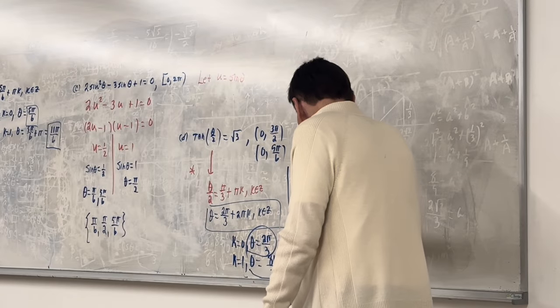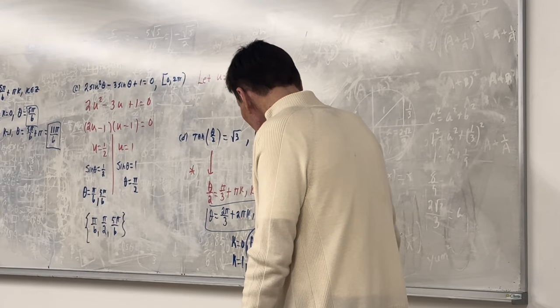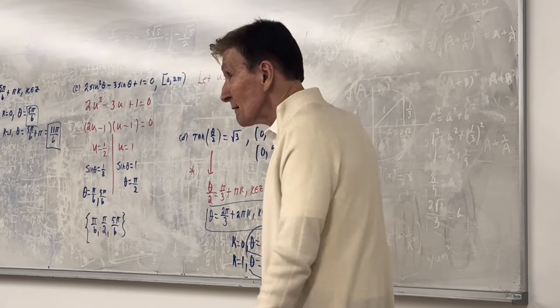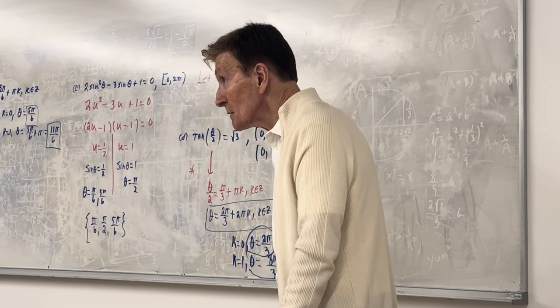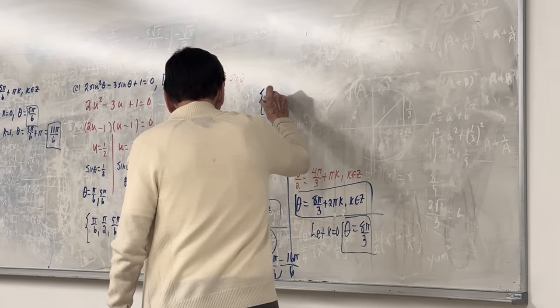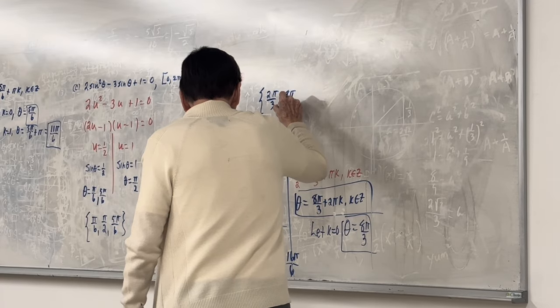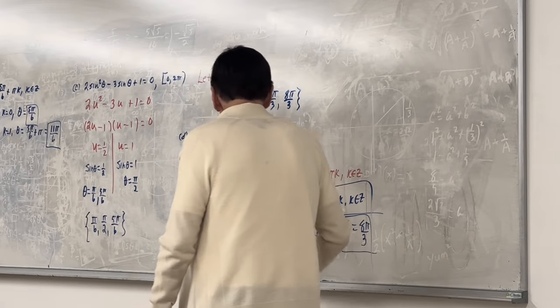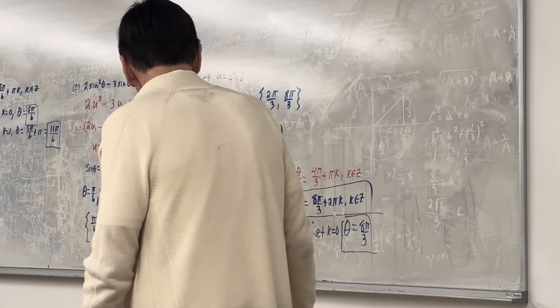So it looks like after all that work, I got 2 pi over 3 and 8 pi over 3 that work. Strange numbers, but looks like it might be that.